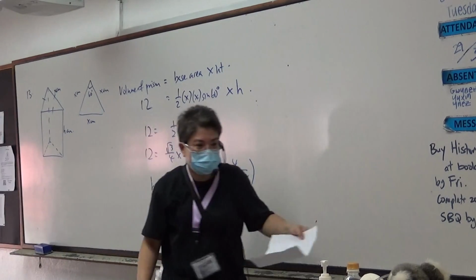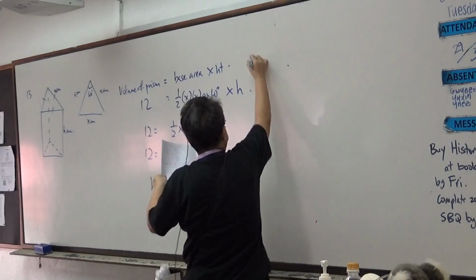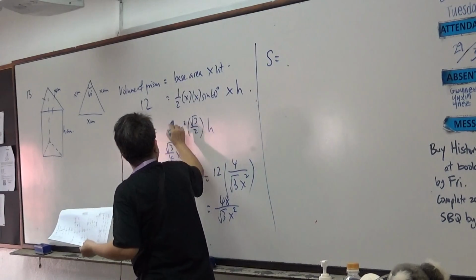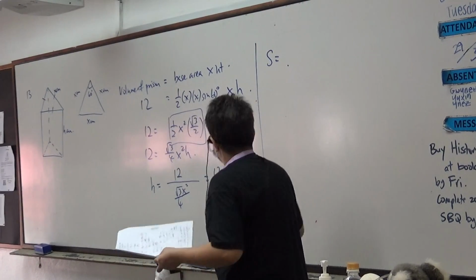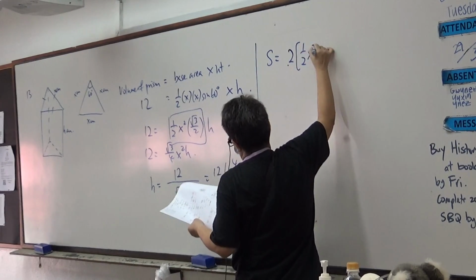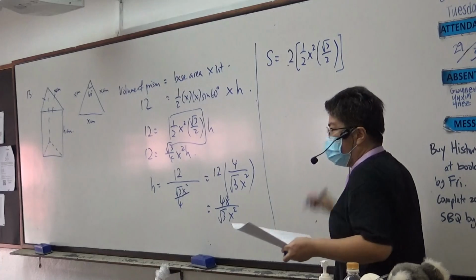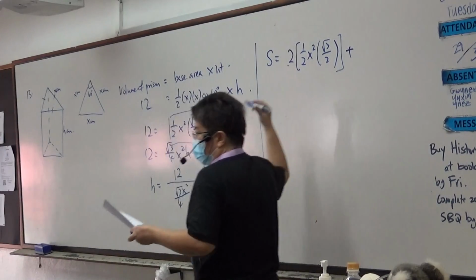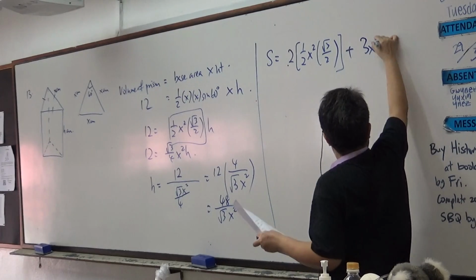Clear? Okay. Now, total surface area S will be, this is the base area, you agree? I must times 2, top and bottom. Plus, do you agree the perimeter is 3x, times h, right?